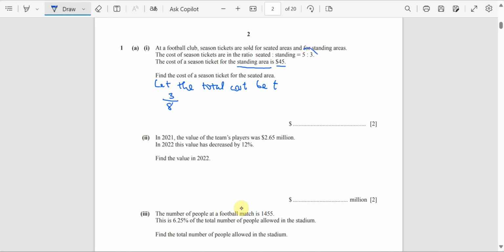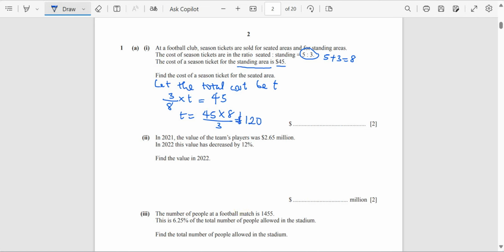Remember, you have to add up 5 plus 3. So 3/8 times the total equals 45. So the total is 45 times 8 divided by 3, which will give us $120. So that means the total cost is $120.